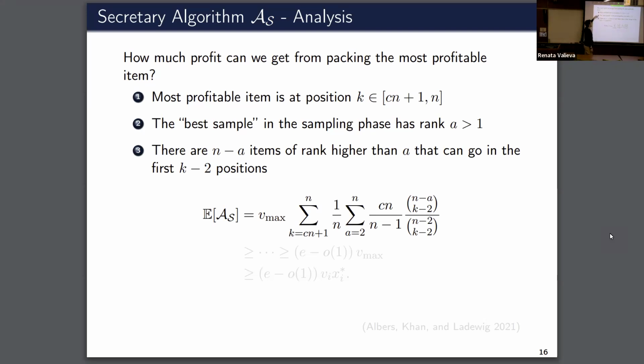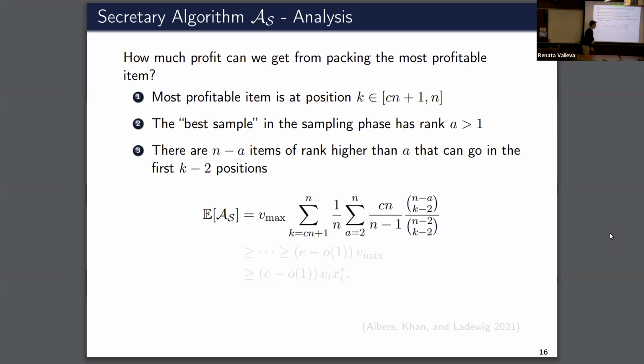The best sample can be at any position between 1 and Cn. So we have Cn over n-1, n-1 because we have fixed the position of the most profitable item. And then this balls into bins game where only n-a are good, and we need to draw k-2 balls, is modeled as this ratio of binomial coefficients.